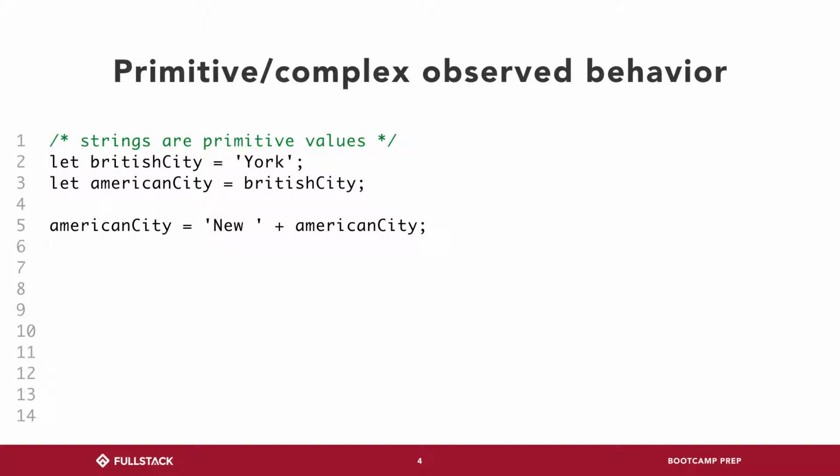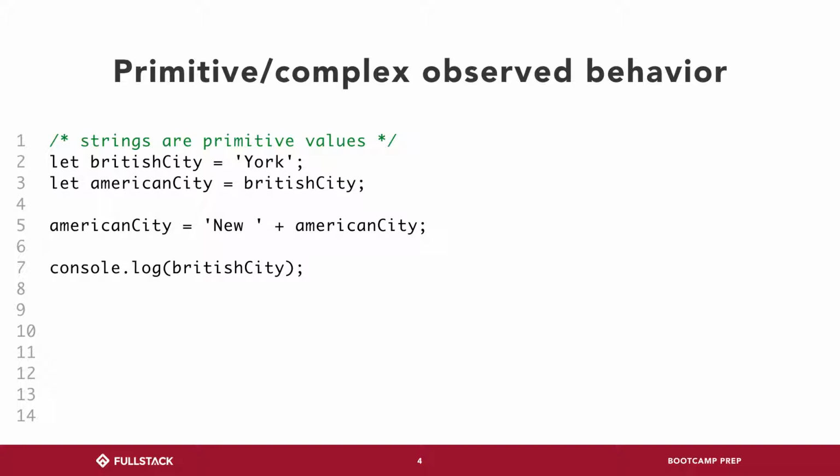But each of these variables just points to a string value. They're not pointing to the same place, which means if we change one of them, we won't see the reflected change. So when we first log out down here on line 5, we say, okay, let's reassign American city. American city should now be equal to whatever this entire expression resolves to.